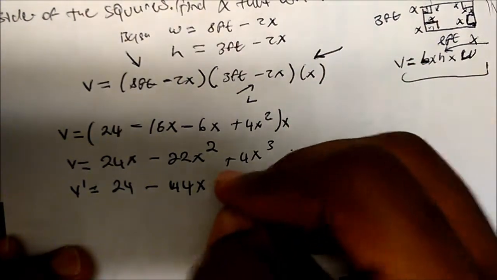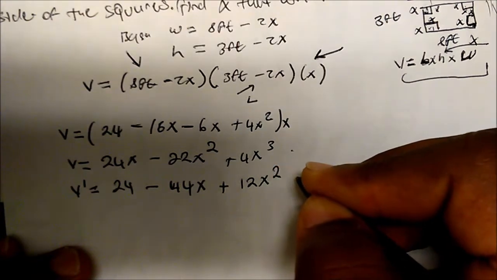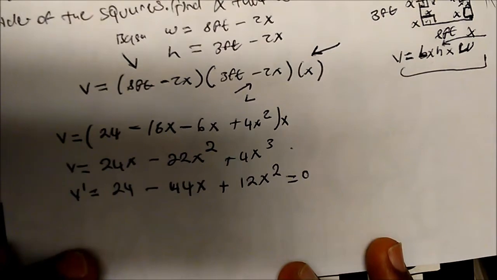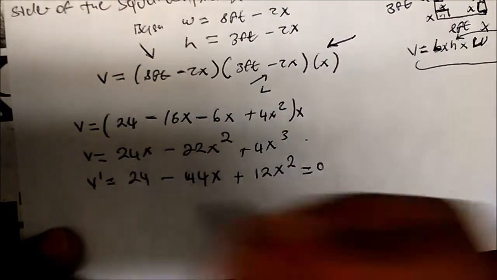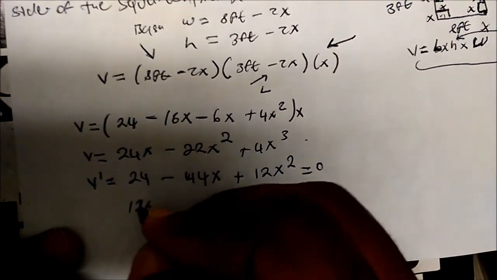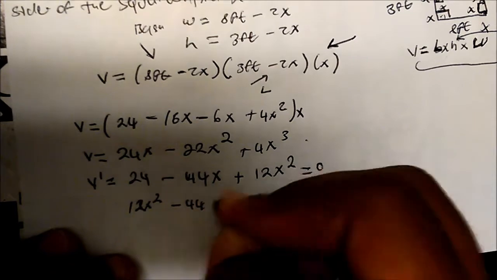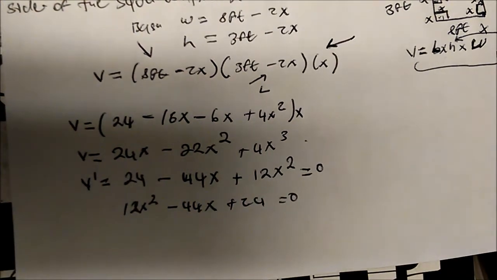All right. Plus 3 times 4, 12x squared. And all I'm going to do is set my derivative equal to 0 now. Right? I'm going to rewrite this in other terms. Right? So this will be 12x squared minus 44x plus 24. And that's equal to 0.